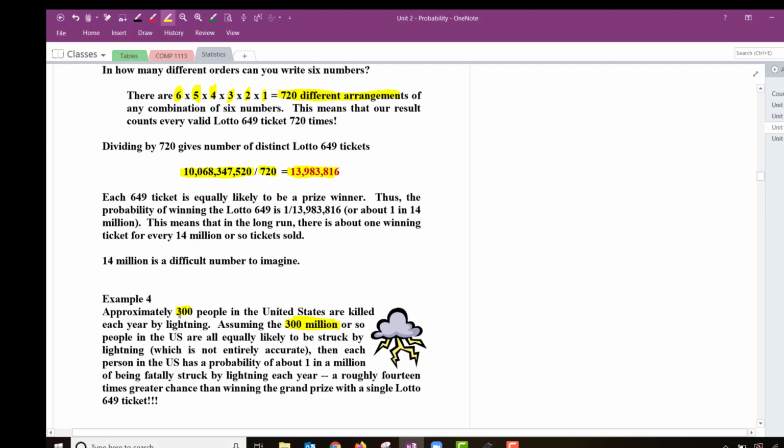But each year, around 300 people are killed by lightning in the United States. So your chances of getting killed by lightning are roughly 300 out of 300 million, or a 1 in a million chance. Yet your chances of winning the lottery are 1 in 14 million. So you should get killed by lightning about 14 times before you win on your lottery ticket.